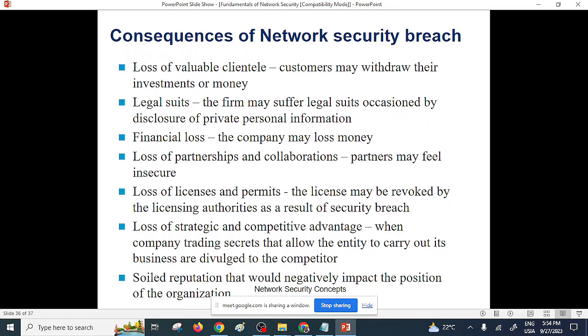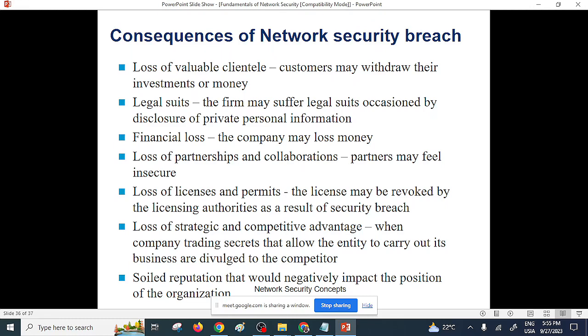So, consequences of breaching network security. These are what I was asking you, right? Loss of available clientele. You can be a victim of legal suits, right? Someone might sue you, or a firm might sue a particular organization. I don't really want to ask you questions regarding how this can be achieved, but I hope you understand.